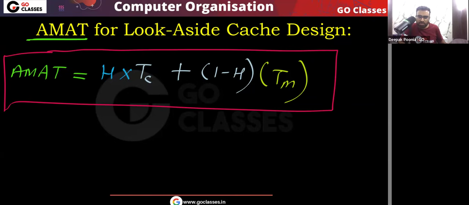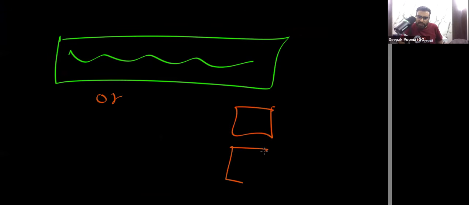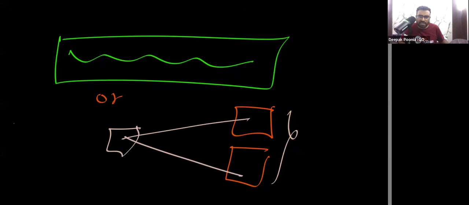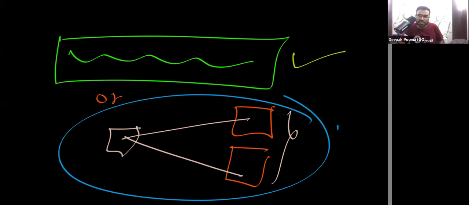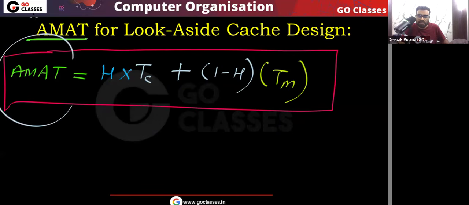But in the future, if they ask you a question, and in that question it is explicitly mentioned that we are using the look aside cache, or that the cache memory is placed in parallel with main memory, and every memory request is going to both cache and main memory, basically if the look aside word is given in the question, or if the look aside definition is given in the question, only in these two cases you need to apply this formula of average memory access time.